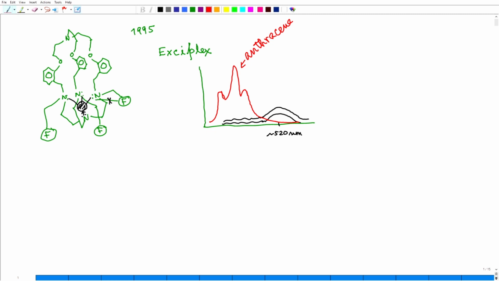So, we did lots of photophysical studies, and you should know, when you are doing fluorescence studies, the existence of exciplex. Another thing is very important, that is called excimer, that is also very important.